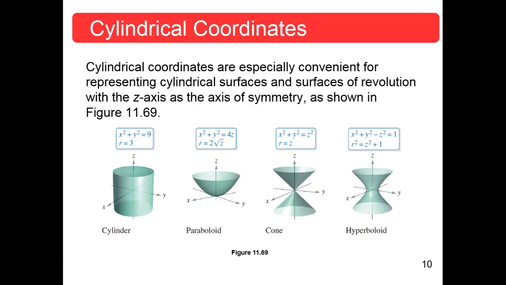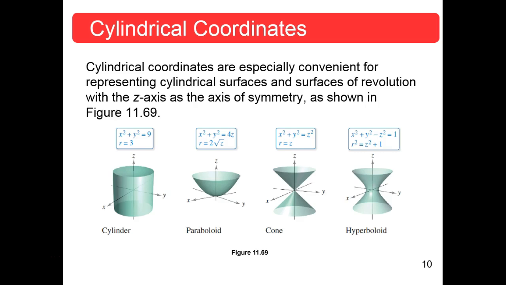And this is a circular paraboloid, by the way. This is your r squared. X squared plus y squared is r squared. So the r would be the square root of 4, which is 2, times the square root of z. So there you have it. And of course, the z can't be negative here because this has to be positive, so that makes sense there. This is your cone.